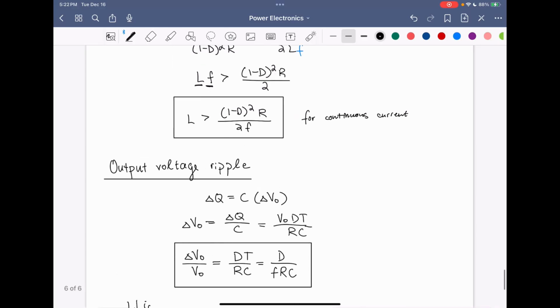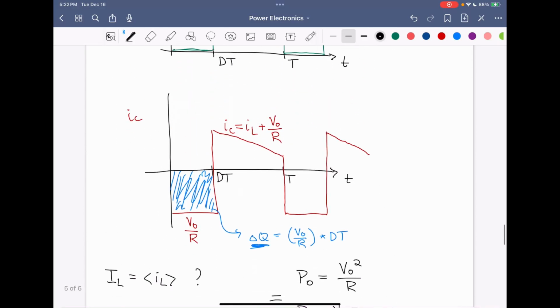Now, the change in capacitor current we can see from this capacitor current waveform. So IL, we see this point is I max plus V naught over R, and the minimum, I min, is V naught over R.